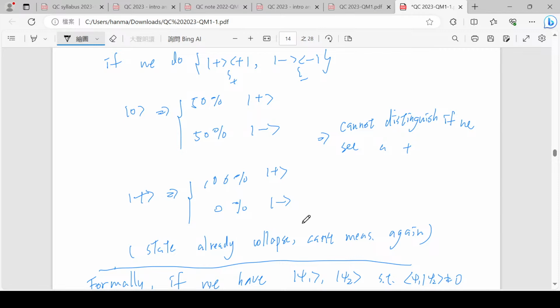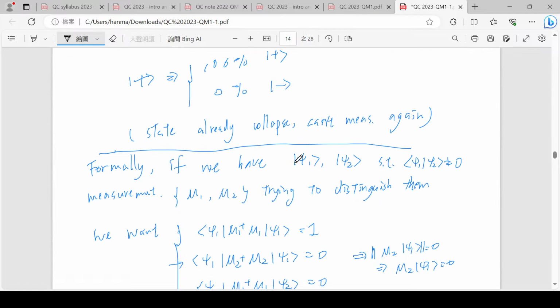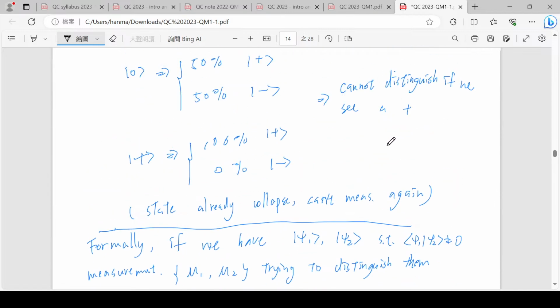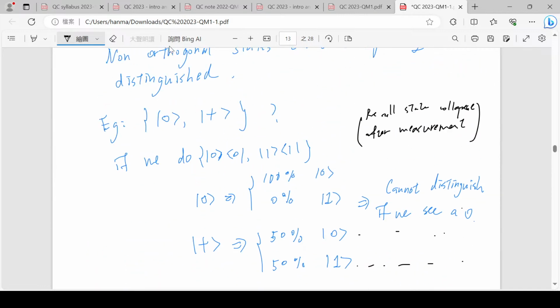And once again, if you see a plus outcome, you don't really know whether it comes from a plus state or from the 0 state collapsing into plus with 50% probability. Oh, sorry, I forgot. As we said, the state already collapsed, so if you measure again, you just keep getting the same outcome. So I guess I will erase this. Sorry about this.